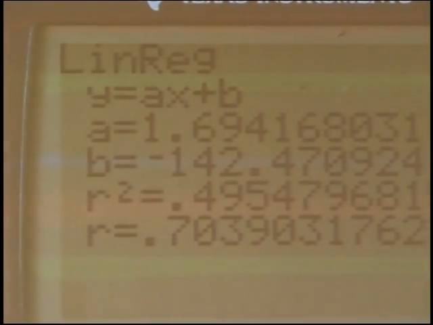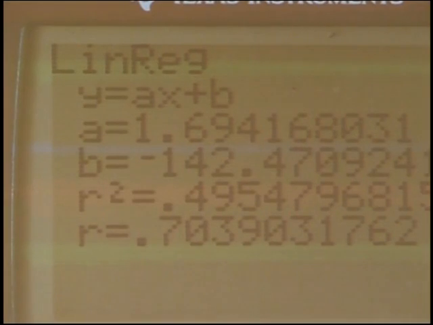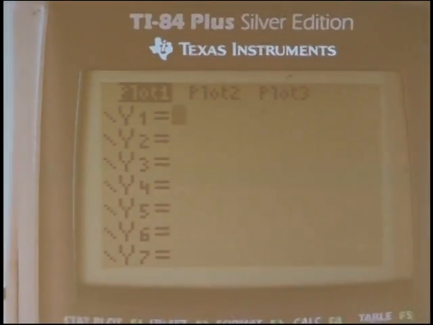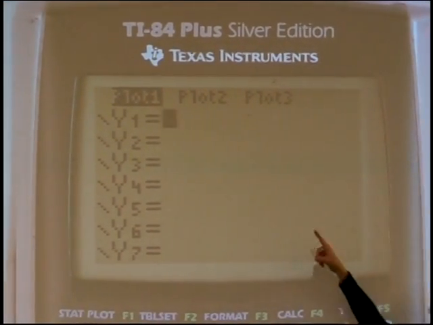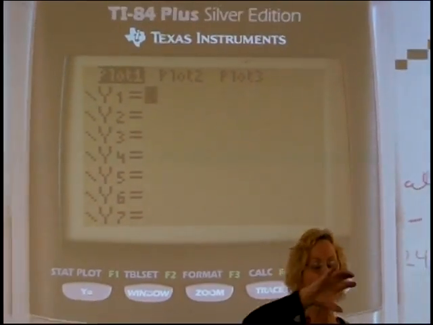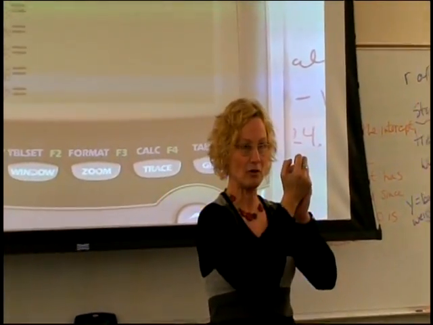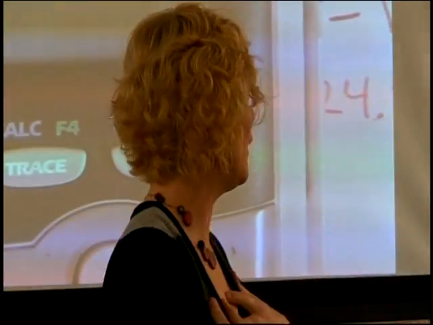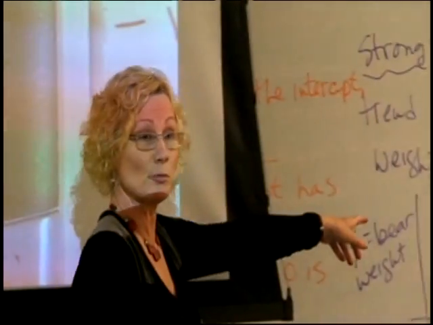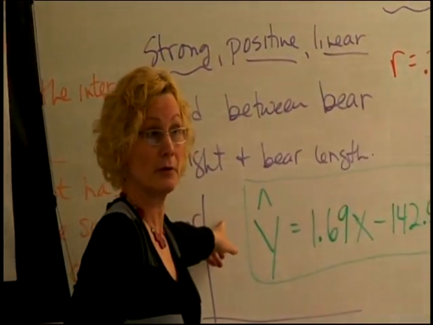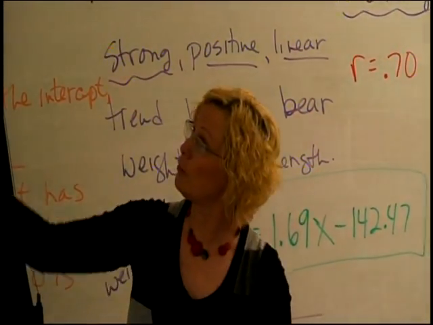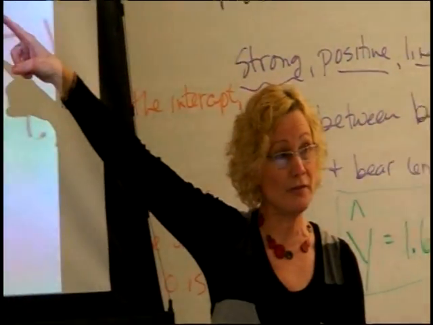Sorry. First you go y equals, and you get your cursor. So what we're going to do is make the calculator grab that data on your home screen and put it in the equation editor. We could type this in, but it's much more fun to let the calculator do it. So where we want to end up is in that equation editor.